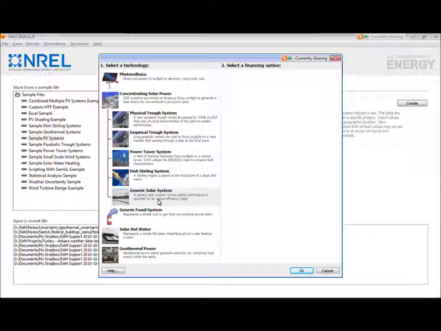So if you have a set of optical efficiency values for different sun angles, then you can use this generic solar system to model any kind of system that converts solar energy into heat to drive a steam power block.